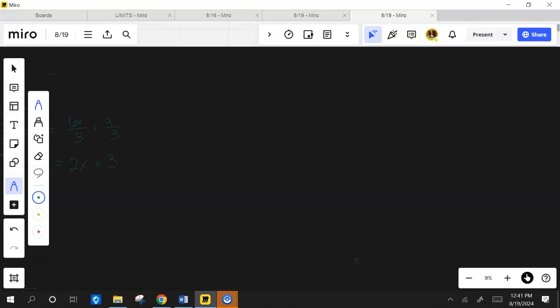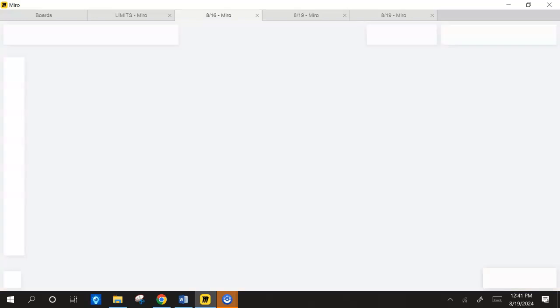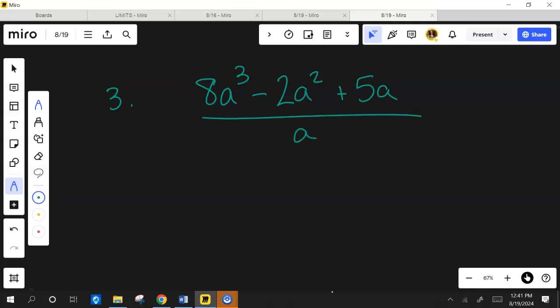Look at number 3. 8a to the third minus... Am I dividing by a monomial?